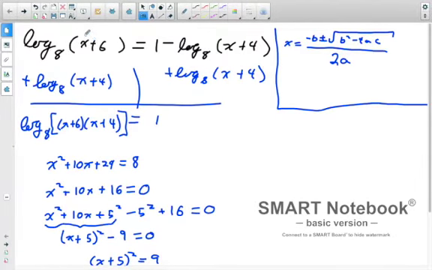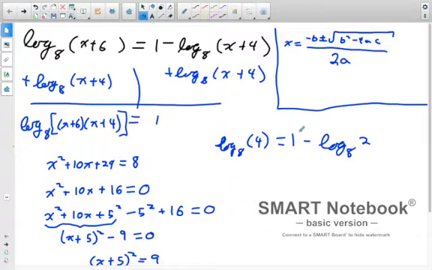Well, instantly, if I plug in negative 2, I can take log base 8 of 4, so negative 2 would give me log base 8 of 4 equals 1 minus log base 8 of 2, which we can calculate and figure out what's going on here.